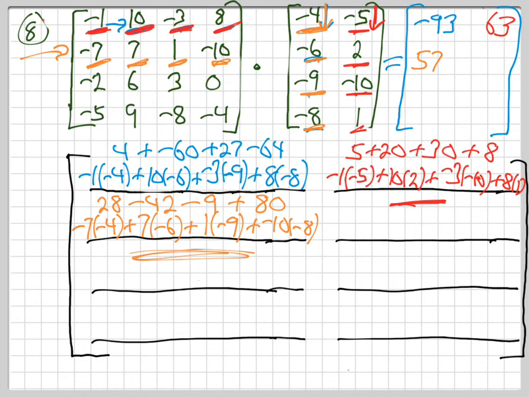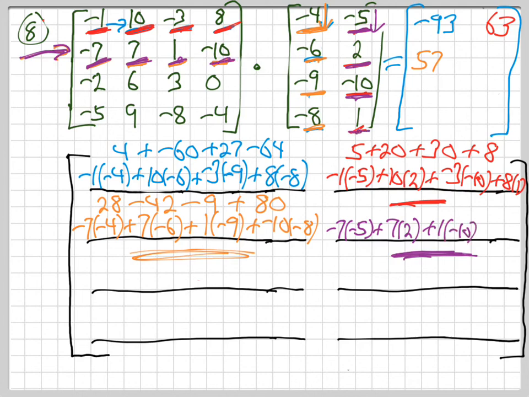Now, how about the second row on the right side? So we're still using the second row, but now I'm going down the right side. So -7 times -5 plus, go to the right, go down always, 7 times 2. Go to the right, go down always, times minus 10.